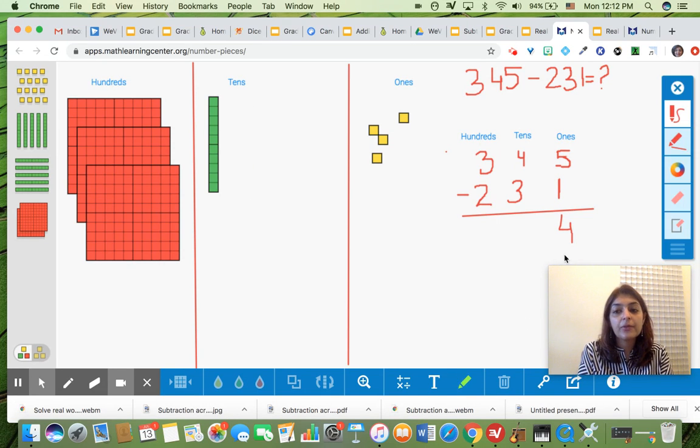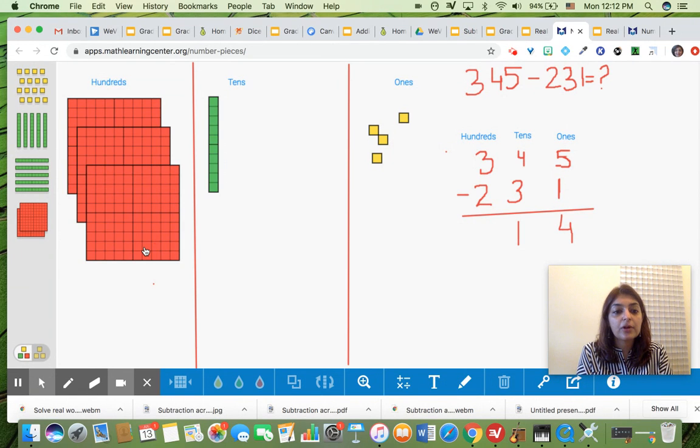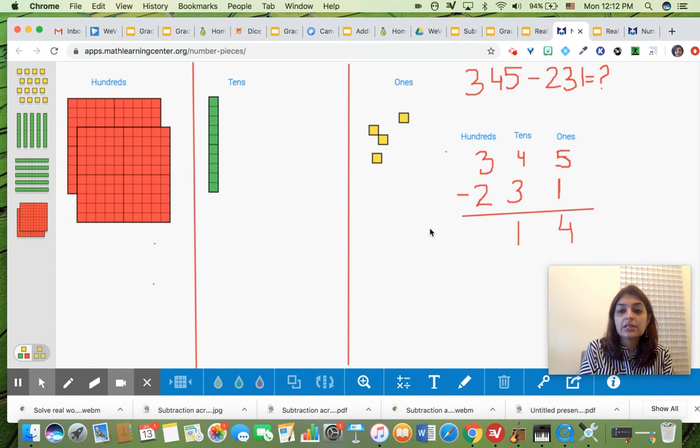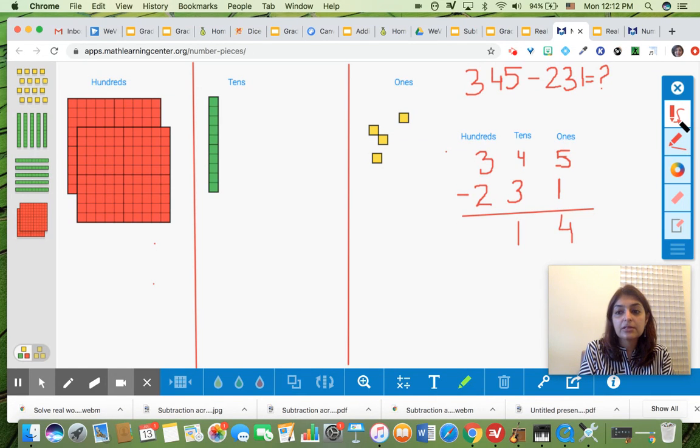So we have 1 ten left. And now we are going to take away hundreds. 2 hundreds from 3 hundreds. So it'll be 3 minus 2 is equal to 1. So now we know 345 minus 231 is equal to 114.